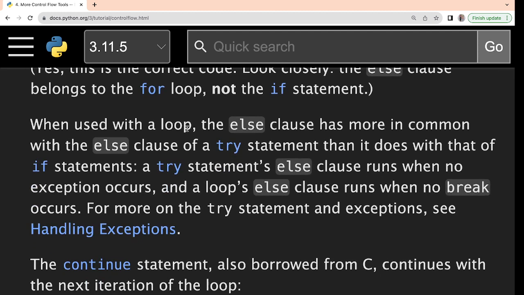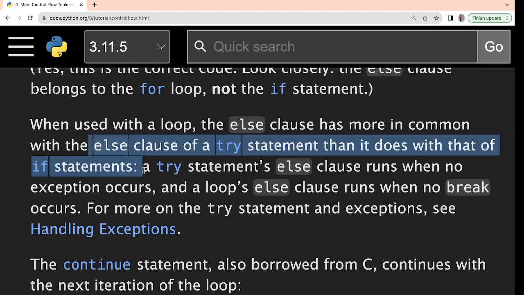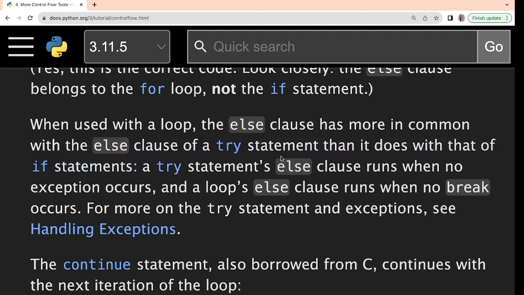Now, when used with a loop, the else clause has more in common with the else clause of a try statement than it does with that of an if statement. That means whenever we are using the else clause with a loop, it works more similar to the else clause of a try statement. I don't know whether you know about try statement or not.